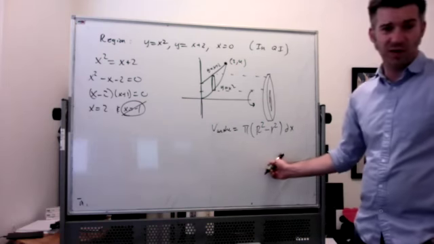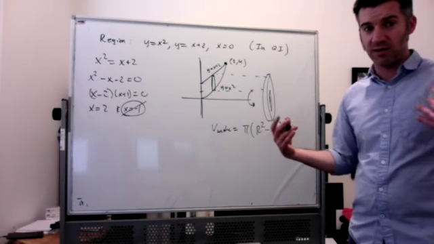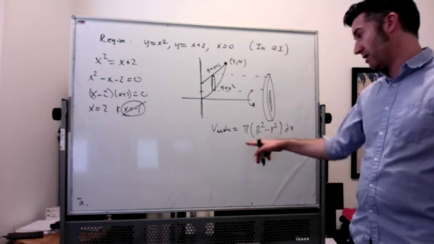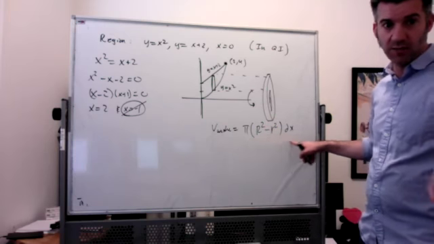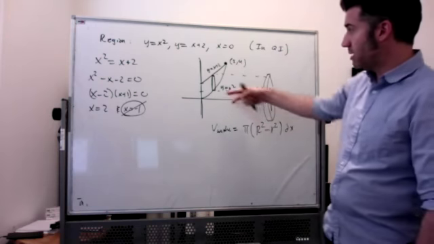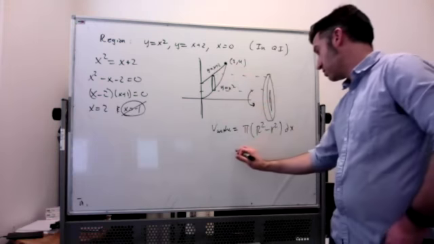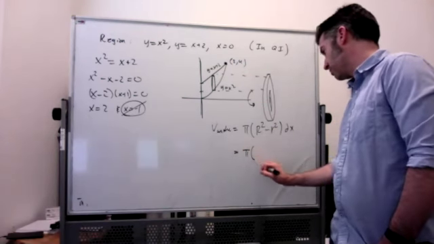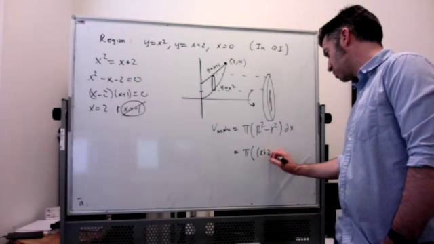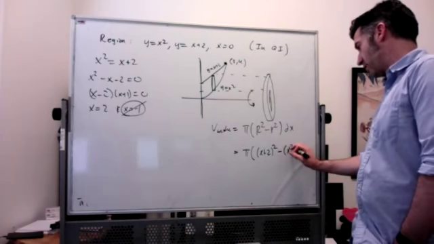This is always where I'm starting, either the volume of the washer or the volume of the disk. It's either pi r squared d whatever, or pi times big R squared minus little r squared d whatever, depending on if it's x or y. The big radius is the function that's further away from the axis, so that's going to be x plus 2. So this is pi times x plus 2 squared minus the inner radius, which is x squared.